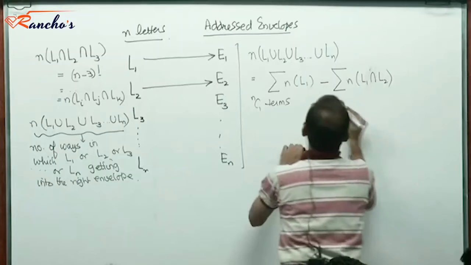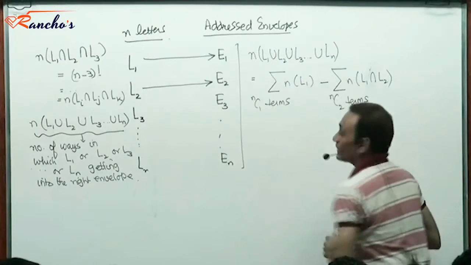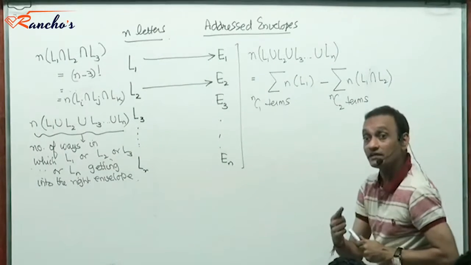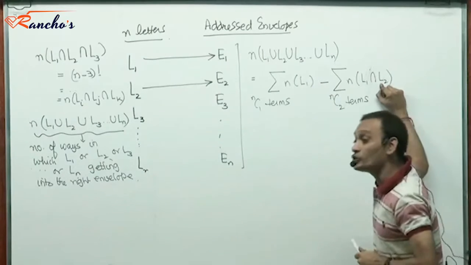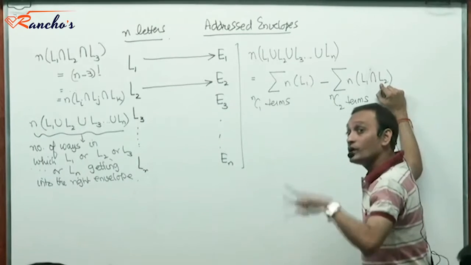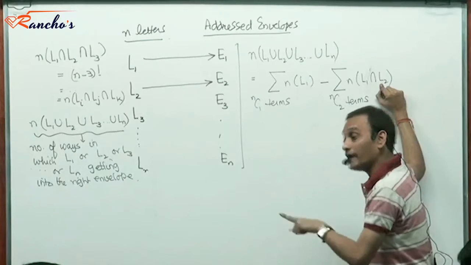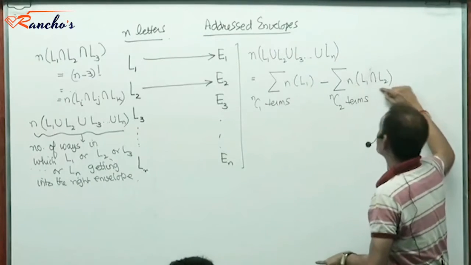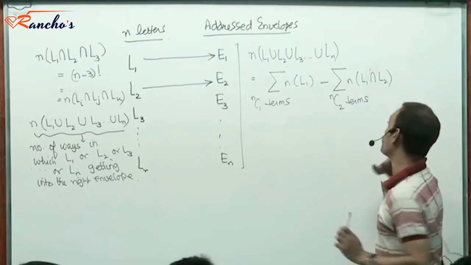NC2 terms in this summation. And realize that the number of elements in L1 and L2 is n minus 2 factorial. The number of elements in L2 and L3 is also n minus 2 factorial. And so there are NC2 terms in this summation, each of value n minus 2 factorial.